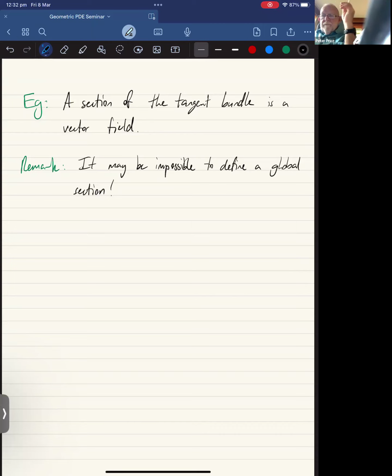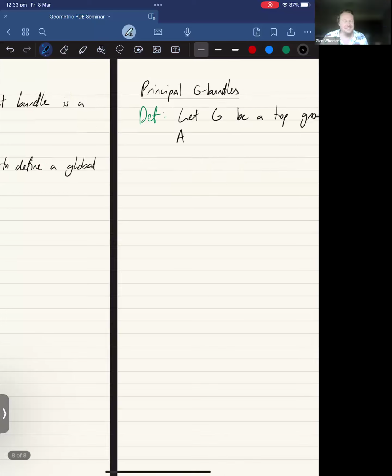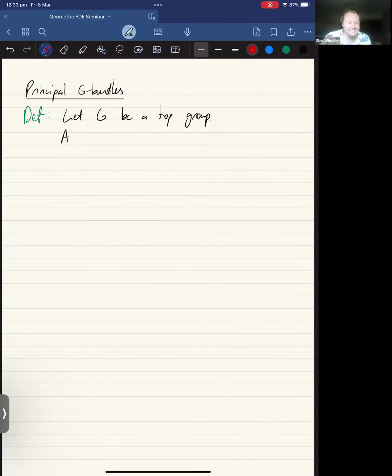So you could consider, for example, the frame bundle on the sphere, and we know that because it's not parallelizable. Oh, okay. So the vector bundle always has a section, the zero section, as you just said. Yeah. But a principal bundle may not have. Yeah, I understood after Max gave his example. Thanks, Pete. Yes, and I will be giving this example a bit later on. So you got a bit ahead of me there. All right, cheers. No worries. All good.